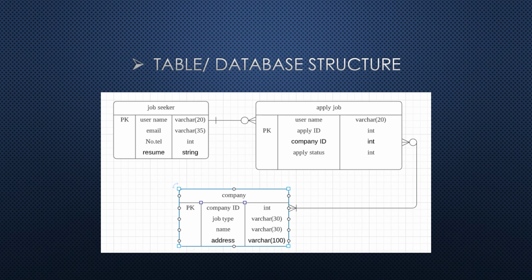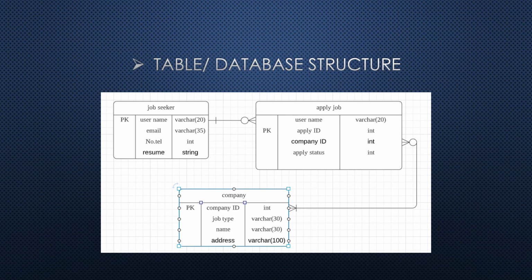The last entity is company. In this entity, they also have 4 attributes. There are company ID as a primary key, job type, name, and address. Job type is the type of job that the customer applies for. Name is the name of the company, and address is the company address.